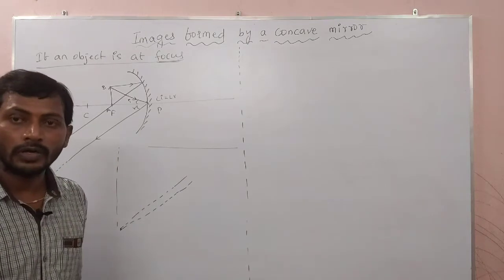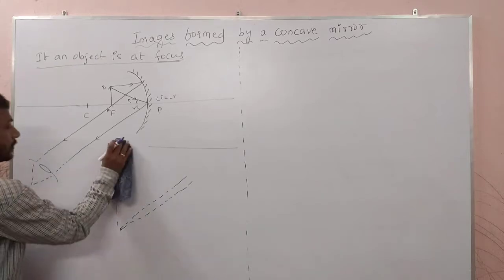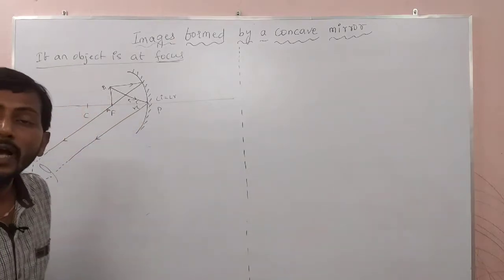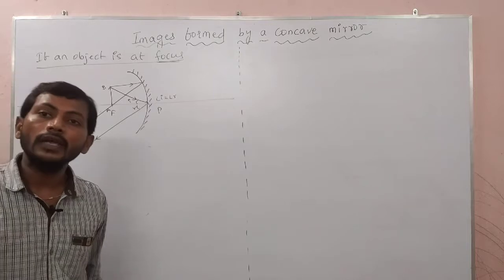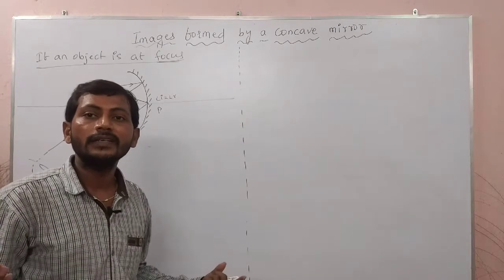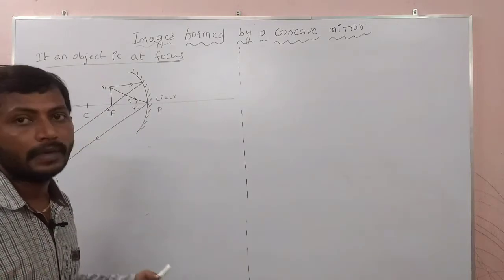So now I hope you understood that when the object is placed at the focus, the image is formed at infinity. It is inverted, and inverted means it is a real image. The size, as I just told, is very, very big.